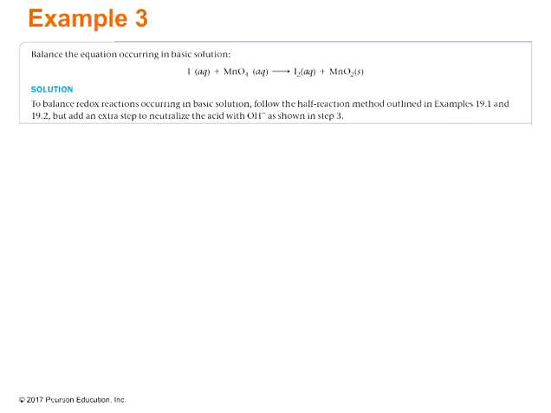So we have, for our first half reaction, 6 iodide ions, 3 I2, and 6 electrons. And then for our second half reaction, we have 8 water molecules.